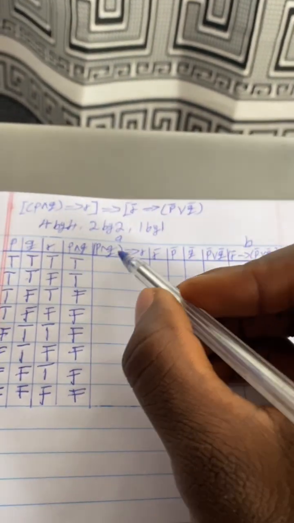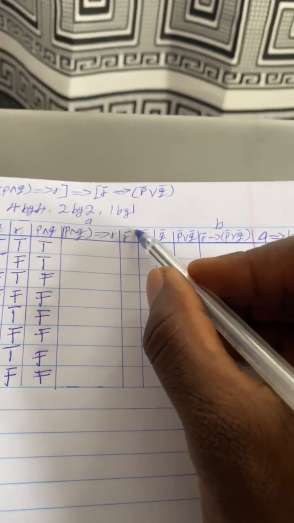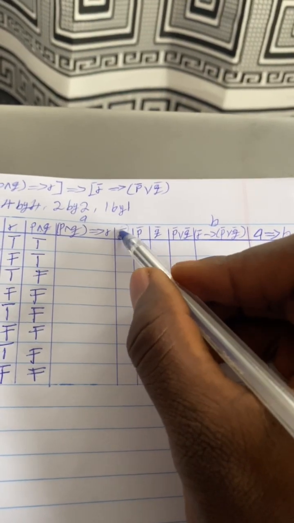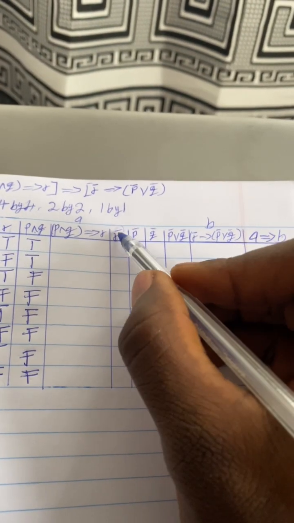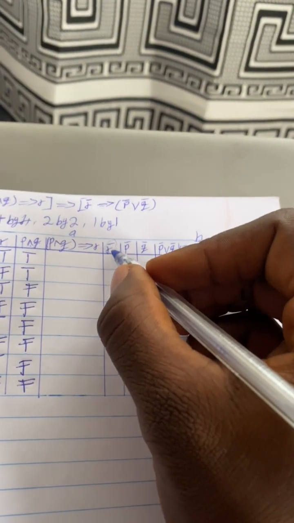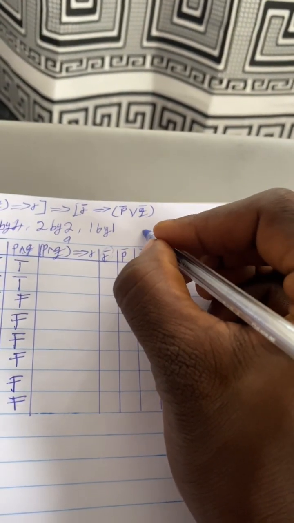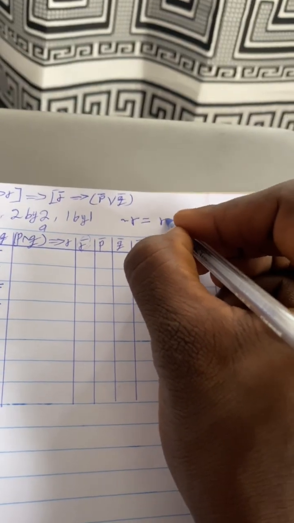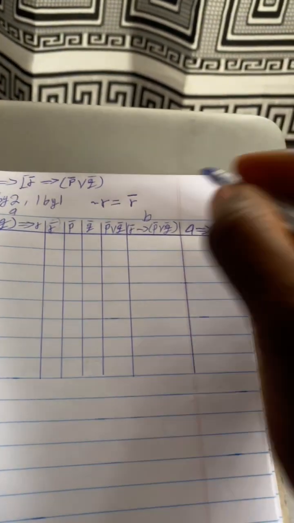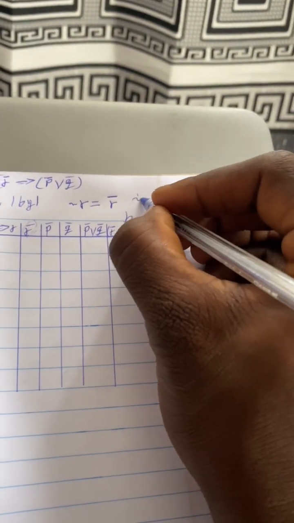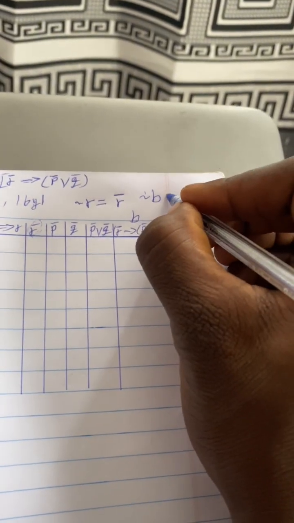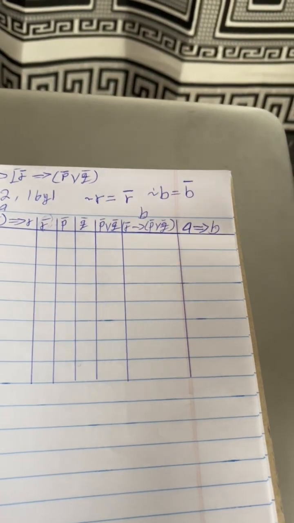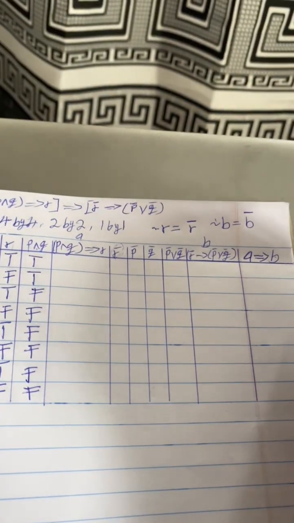So this symbol, R with the dash, means R negative. So if you see something like B is equal to B, nothing changes.